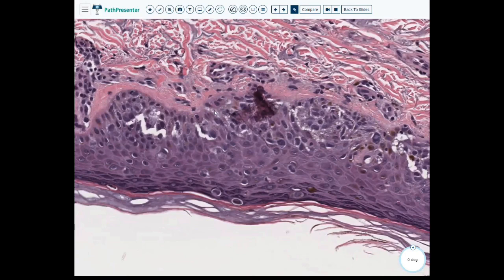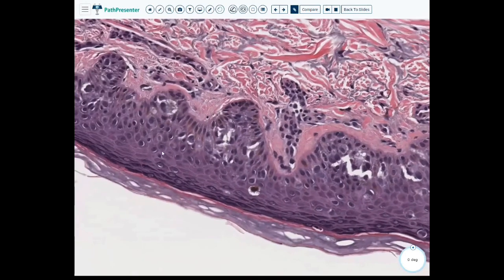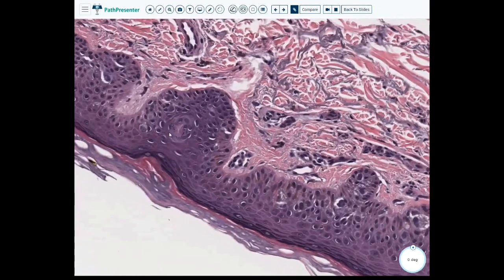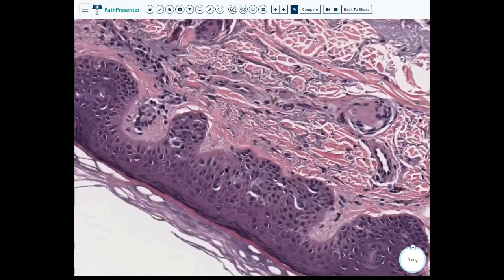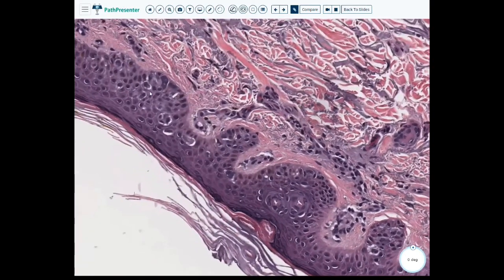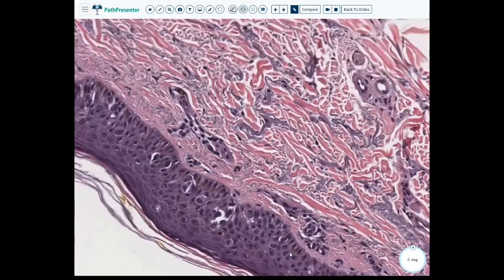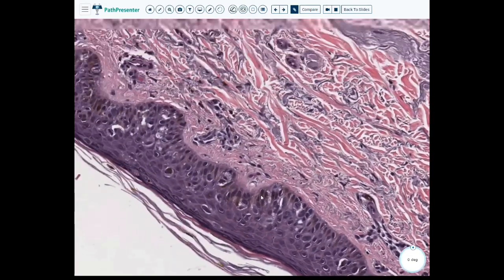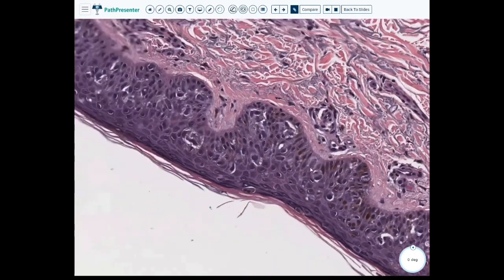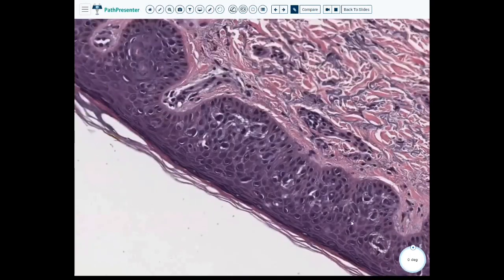So this is melanoma in situ, for sure, because remember, we should not have our melanocytes within the superficial layers of the epidermis, as we've already said, and we just start seeing more and more of it.